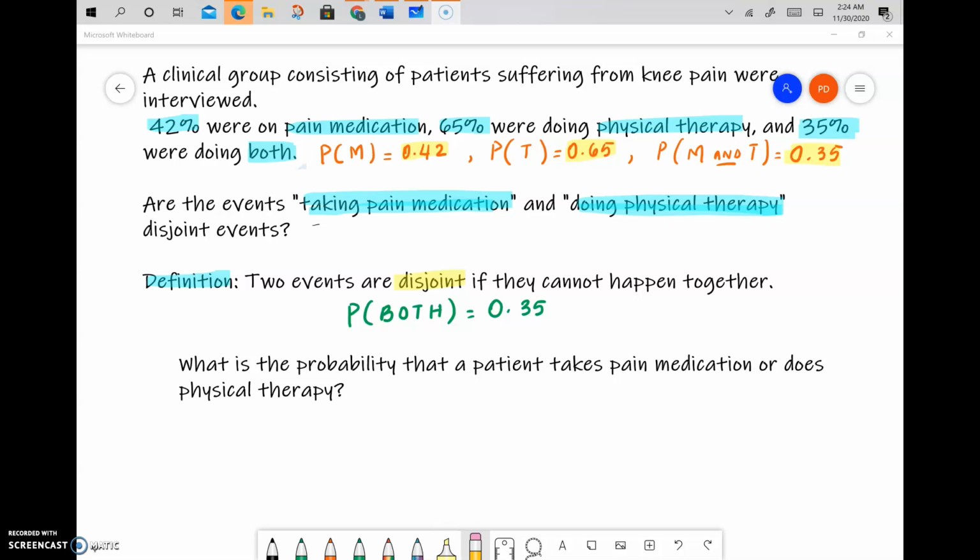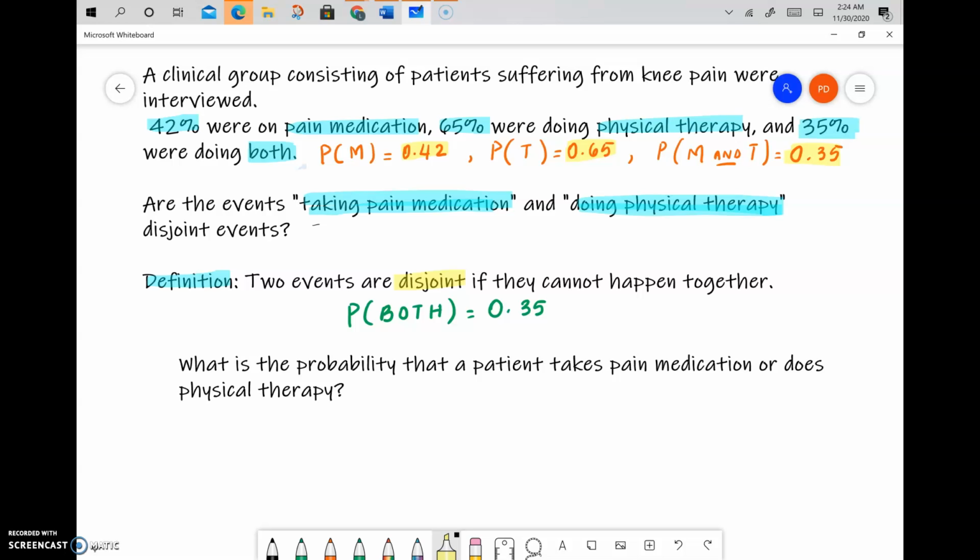So it is possible that a patient is doing both pain medication and physical therapy, because the percentage of patients doing that is 35%. So there are some people doing both, which means they are not disjoint events.